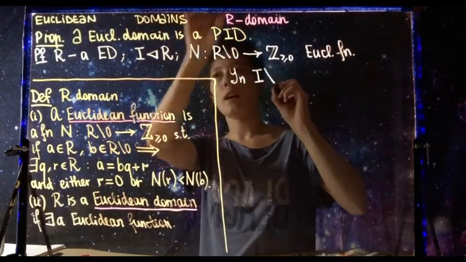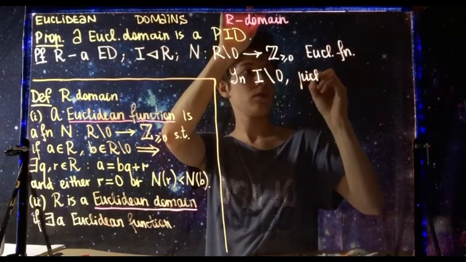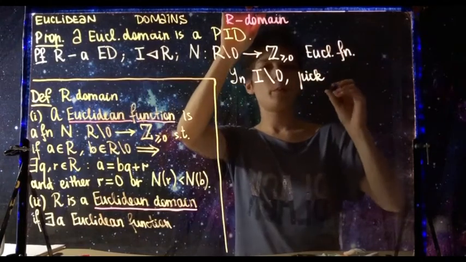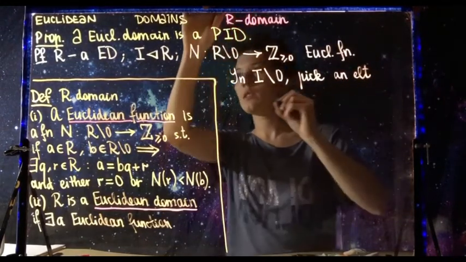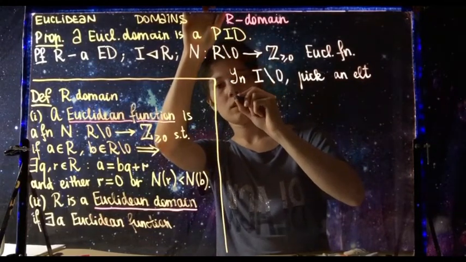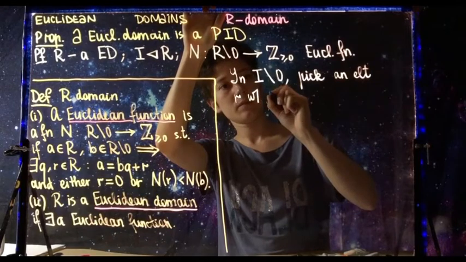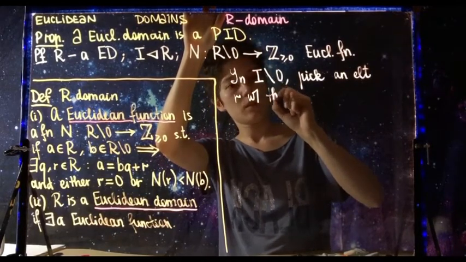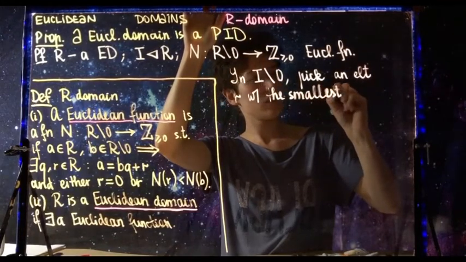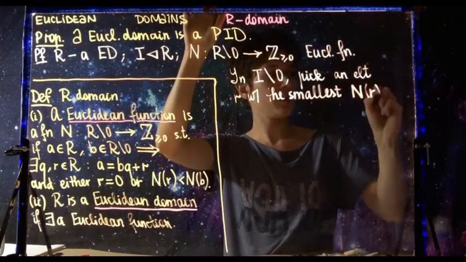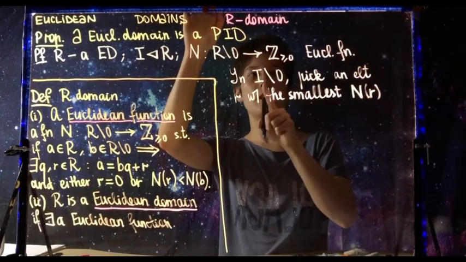So in I minus 0, pick an element R with the smallest possible n of R as evaluated on non-zero elements of this ideal.